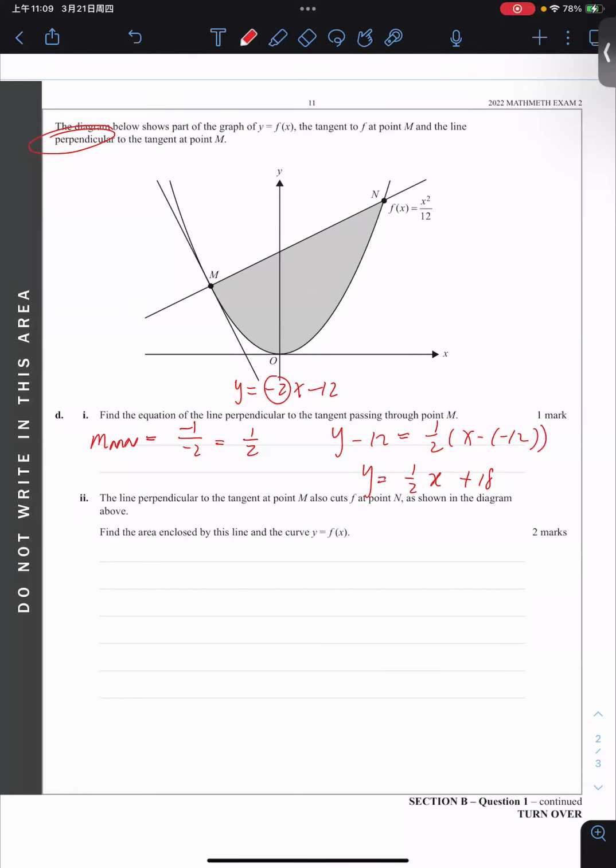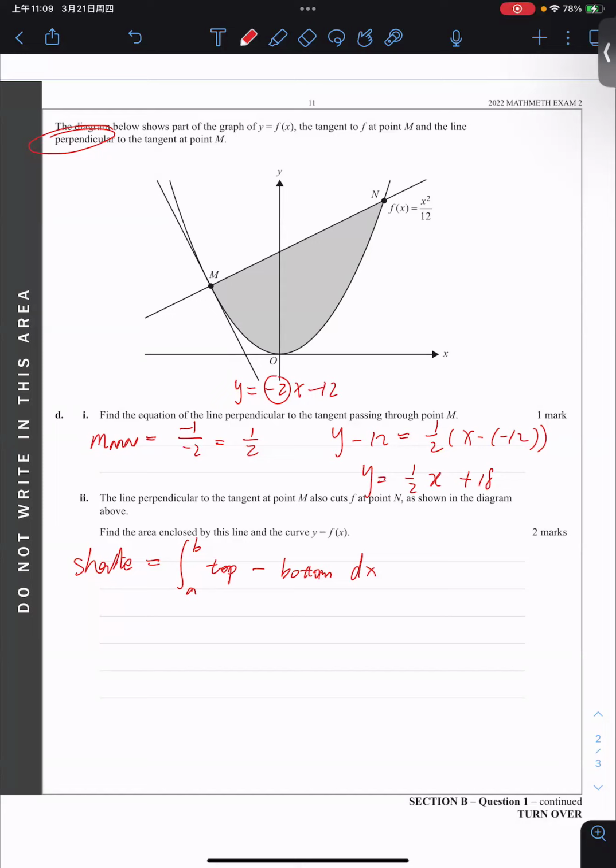Do not worry about where the shaded part is. It can be above the x-axis, it can be below the x-axis, no matter where, always use the top function minus the bottom function and then do the definite integral. Never forget your dx.